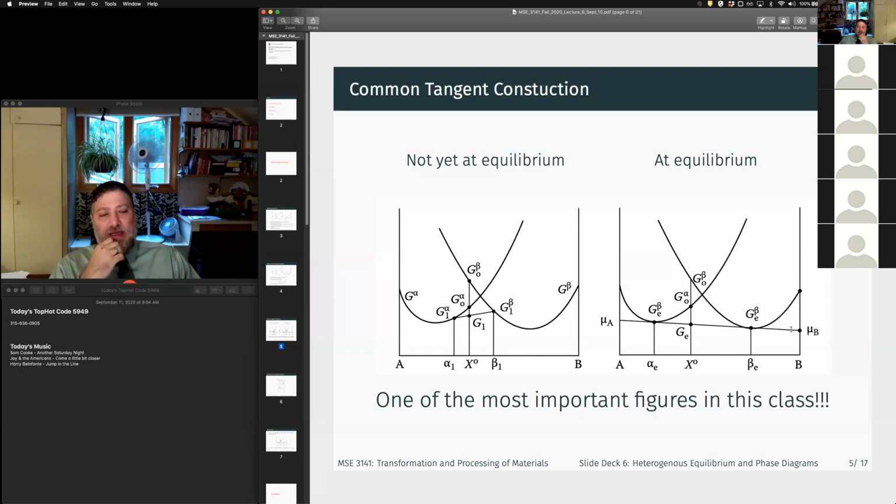If my chemical potential is given by this tangent line, then when I have a line that's tangent to both free energy curves, that's going to tell me everything I need to know.